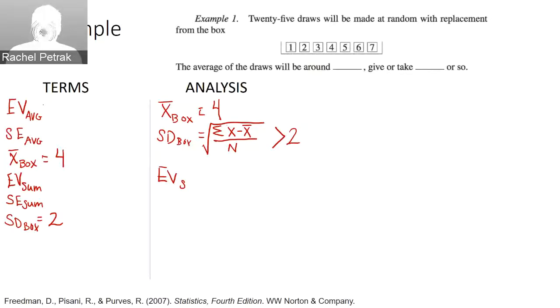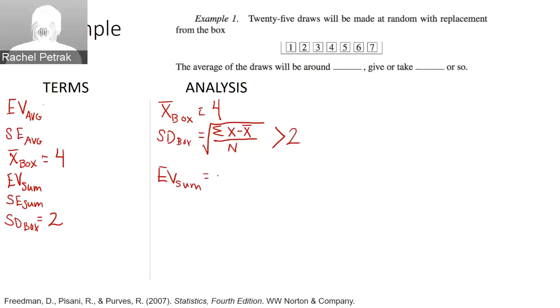We need to get the standard error of the sum. Sorry, my notes are covered, so I'm going to have to wing this because everything is wet right now. That's fine.